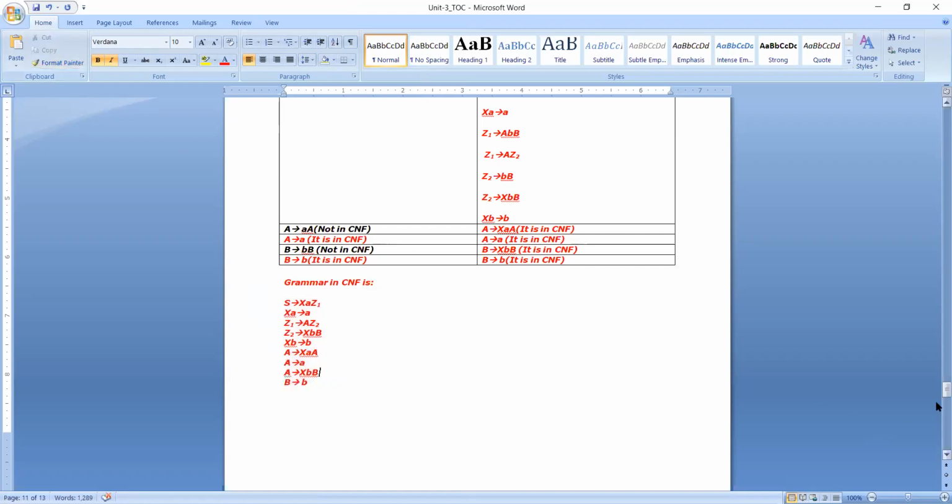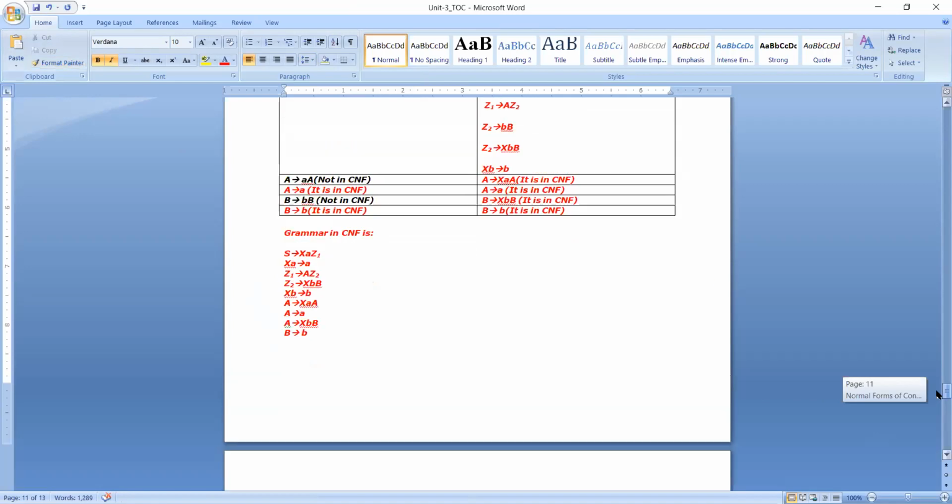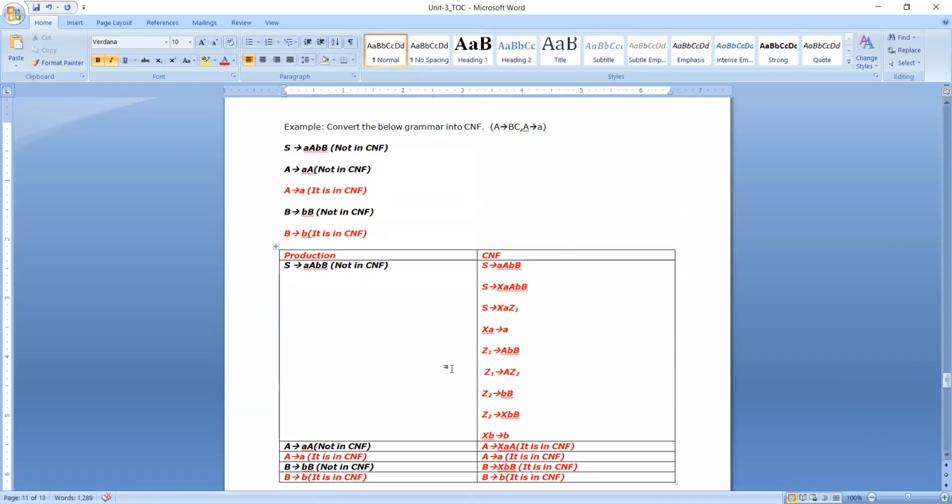Understand? Here we have learned a few things. Whenever the right hand side of a production has more than two symbols, we break it into two parts. First we take the first symbol as it is, then we replace the remaining symbols on the right hand side with a new variable.